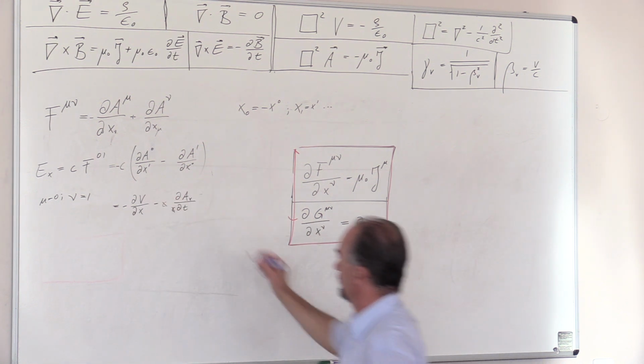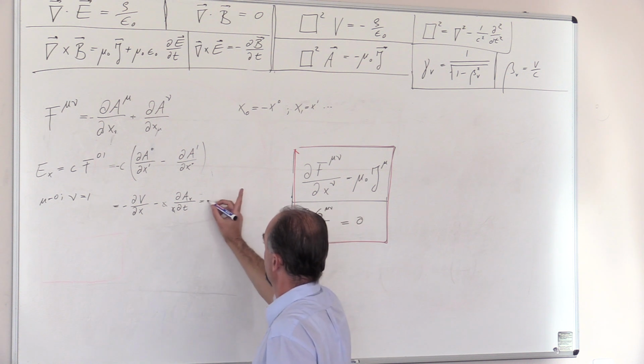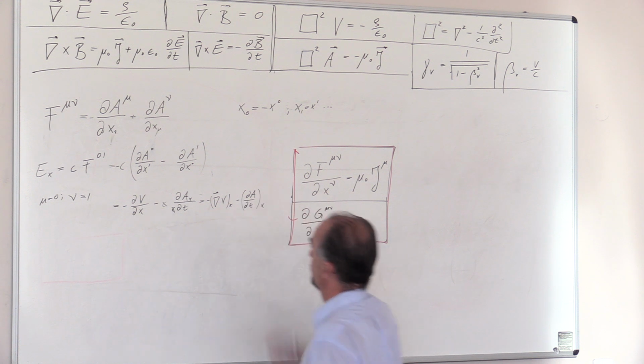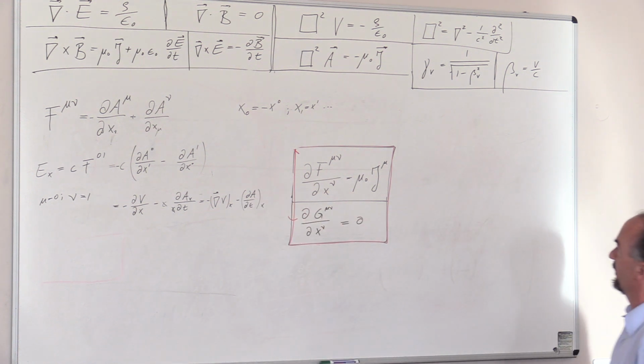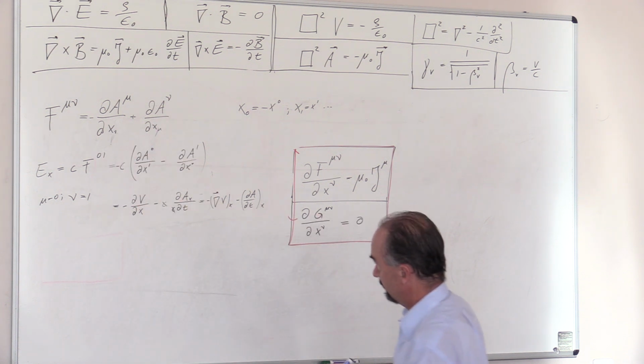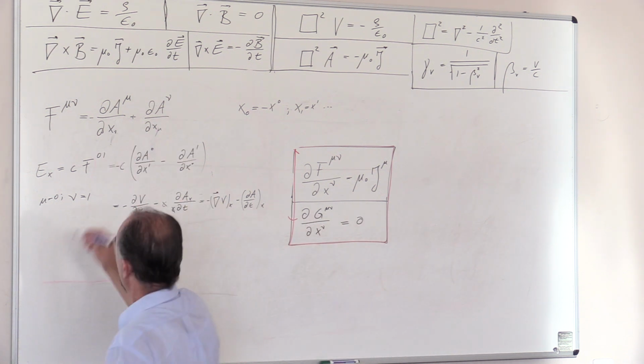This way it works out. So this is minus the gradient of V, x component, minus dAx over dt. This gets us the first one.